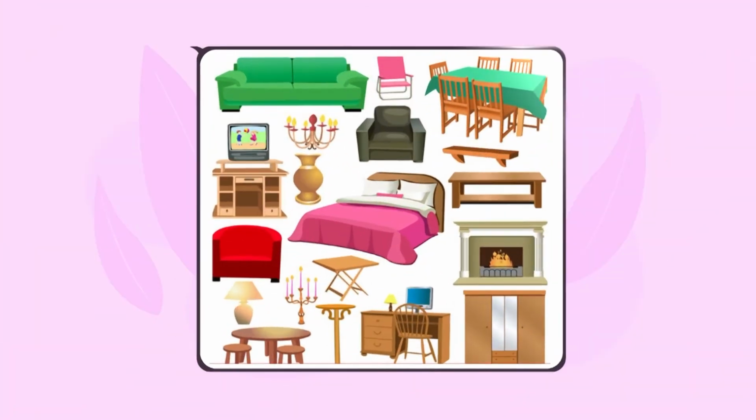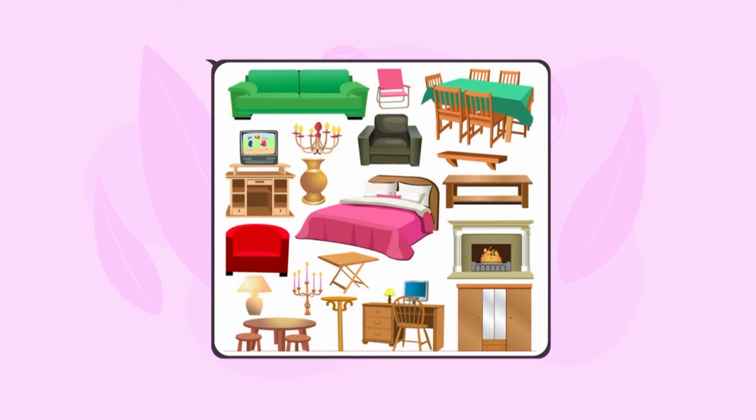Now let's practice together. I'll show you a picture. What's this? You're right. These are furniture. Let's name the furniture in the picture together. Remember to use the indefinite articles.